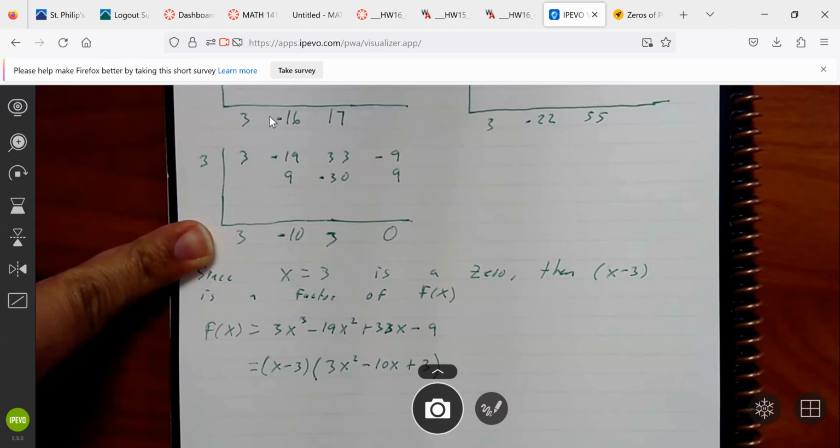Now we have a quadratic, so we can use all of our quadratic techniques that we've done many, many times.